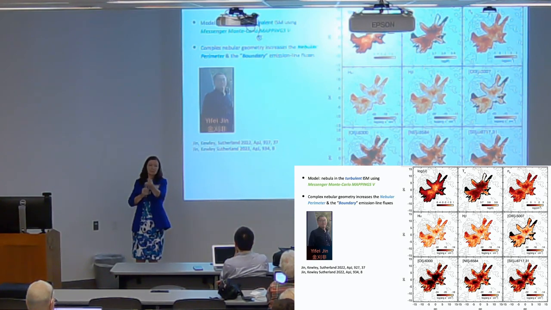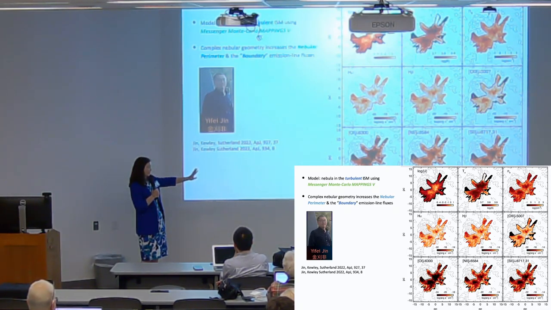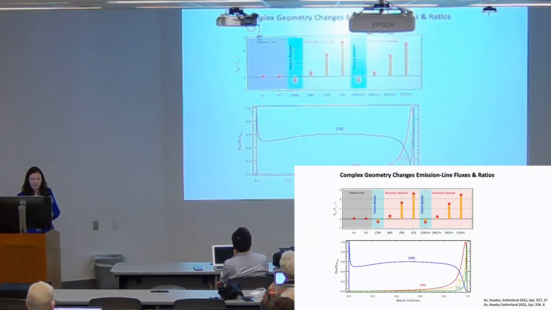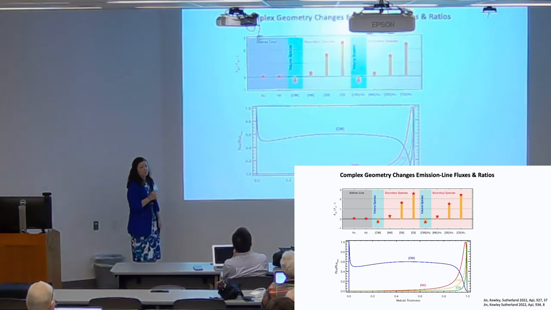And what that means is that you get more of these lines if you have a nebula that's a fractal geometry compared with a spherical geometry. So in real life, we expect to see more of these lines than we can measure if we were using a spherical geometry model. This has important implications on our ability to measure the emission lines and use them as diagnostics in galaxies and H2 regions.